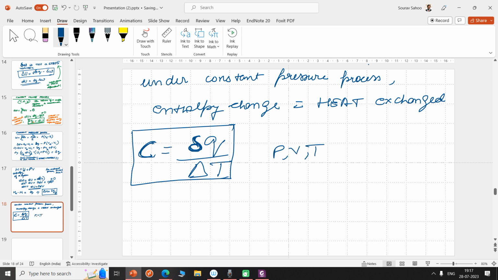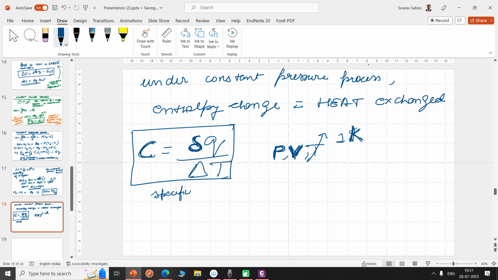If I increase the temperature of the system by 1 Kelvin, there will correspondingly be a certain change in the pressure and volume as well. So either I'll have to keep both of them as variables, or I have to keep one of them constant.